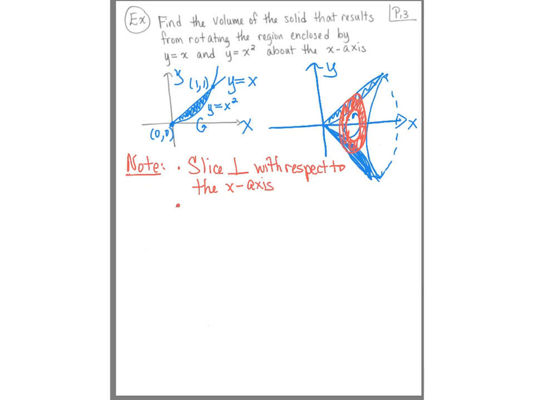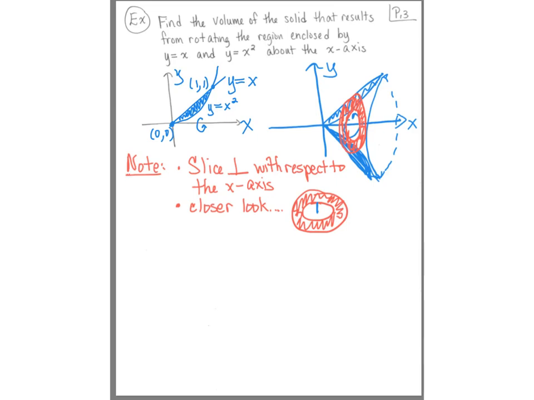And then, zooming in for a closer look at our washer, this is our image, and from here to here, that's your inner radius.